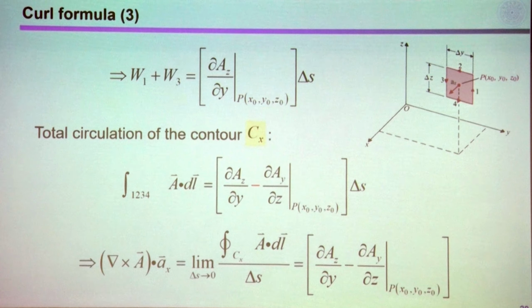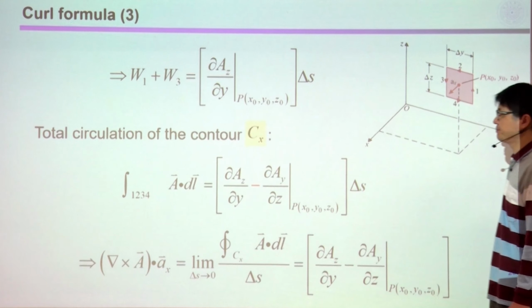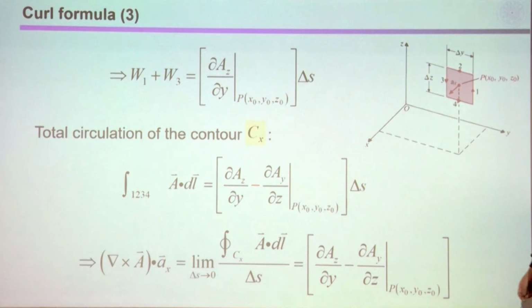So whenever you calculate the work over one direction, you would have one partial differentiation, right? So for the work done over 2 and 4, that would pick up AY making a partial differentiation to the Z direction. Why? You walk over segment number 2, you're walking in the direction of negative Y, but your offset is in the Z direction.